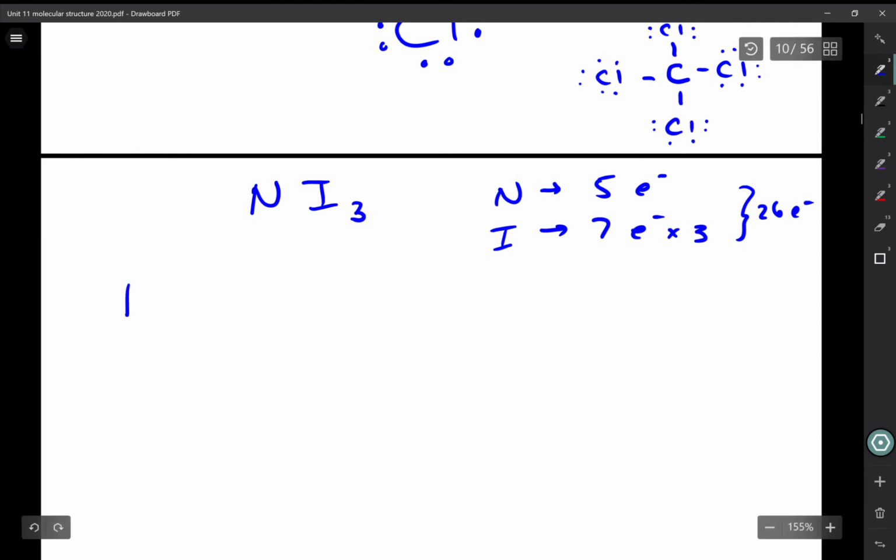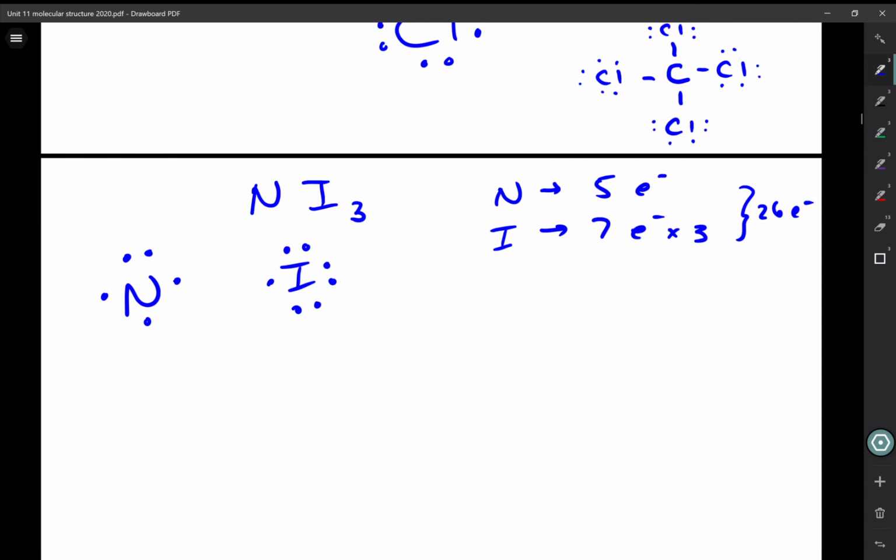All right, so let's check this out. Nitrogen, with 5 electrons, and iodine. You can probably figure out where these are going to pair up. You have that single electron there, and you have 3 of them, so the 3 iodines each pair with one electron. Boom, boom, boom. Nice and easy.